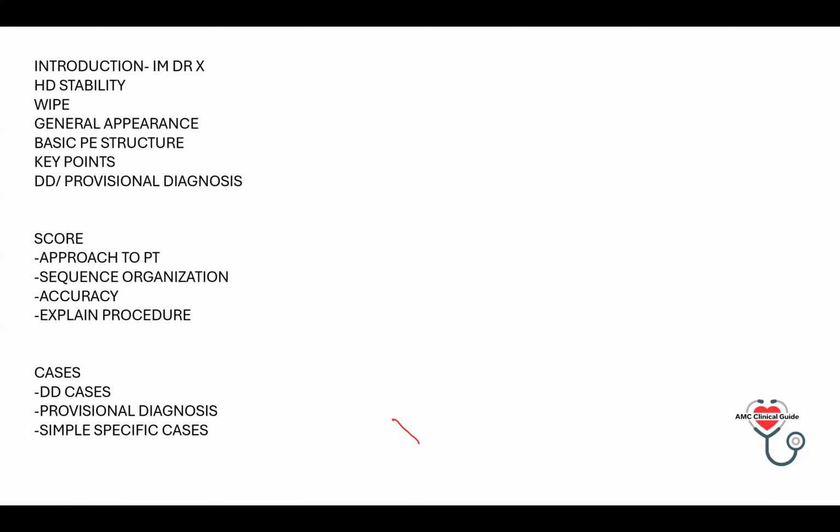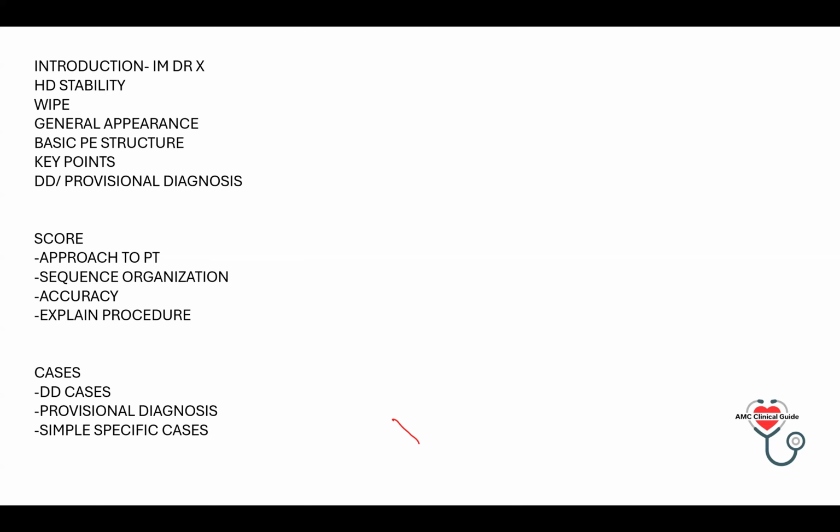So if it is a heart failure case, then you have to explain the palpable apex, third and fourth heart sounds, elevated JVP, lower limb edema, bilateral crepitations at the lung bases. Those things you have to explain in addition to the basic structure of the cardiovascular system.